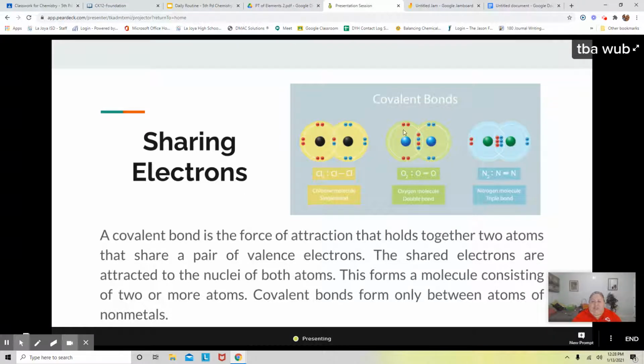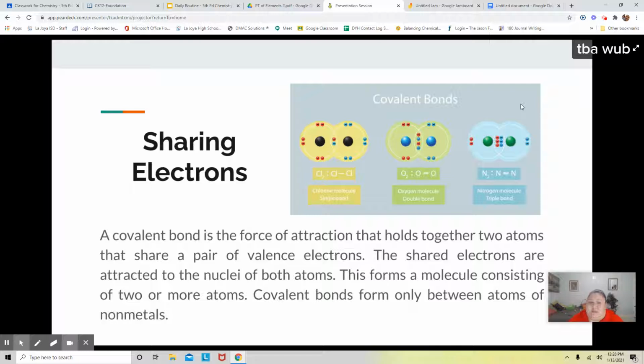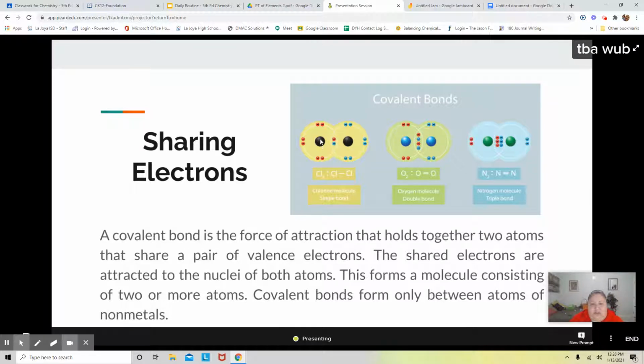If you look at the picture, it shows something that's also common for covalent bonds. You can have what's known as multiple bonds. In the example on the left, chlorine bonded to chlorine, which is known as a chlorine molecule, how many electrons do you see that are being shared between these two chlorine atoms?